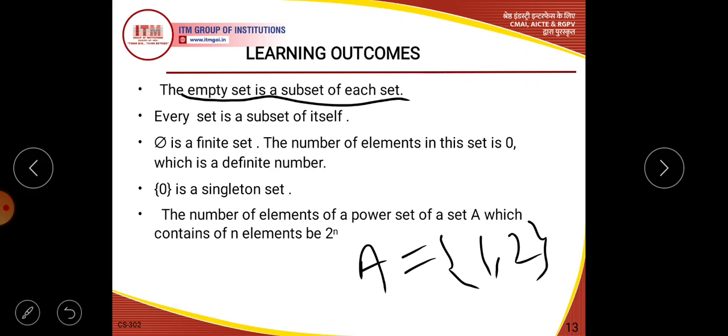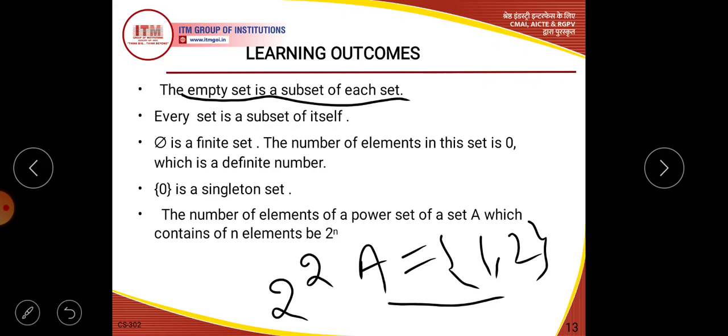Now at last, the number of elements in the power set of a set A which contains n elements is 2 to the power n. I have discussed this point in power set, but it is very important. Suppose we want to find the power set of A, which is equal to {1, 2}. The set has 2 elements, so 2 to the power 2, because the value of n is 2.